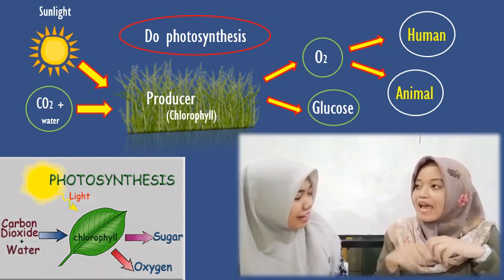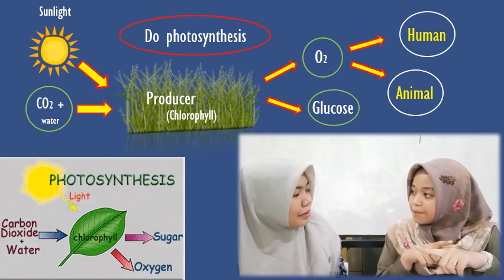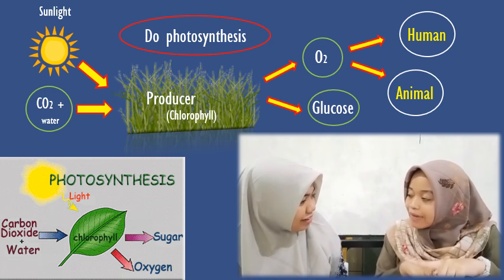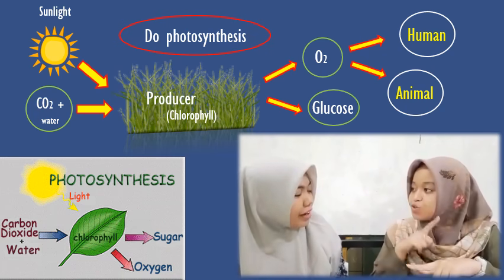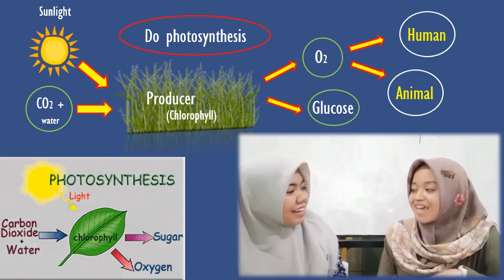The carbon dioxide is absorbed again by plants to do the photosynthesis process. When humans die or animals die, they will be decomposed by decomposers.